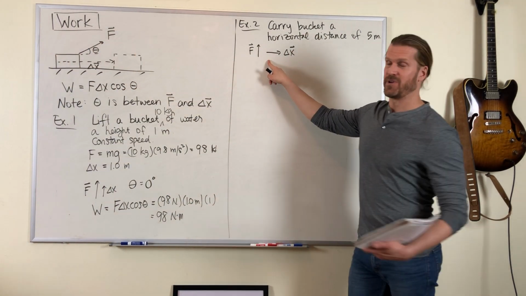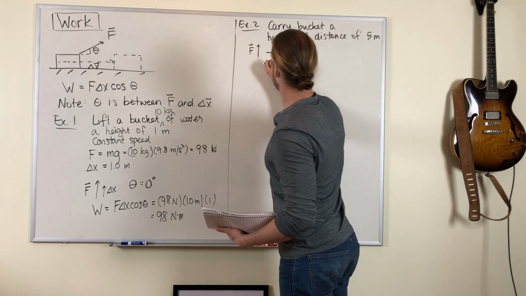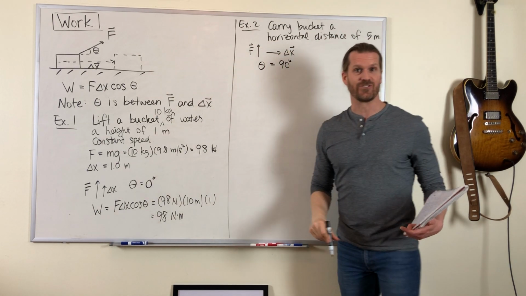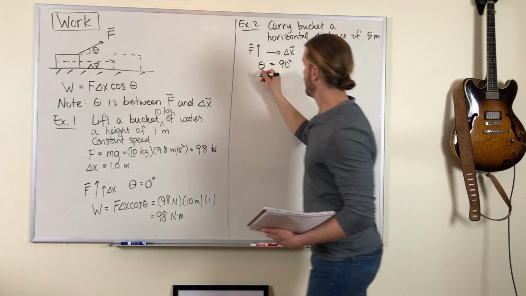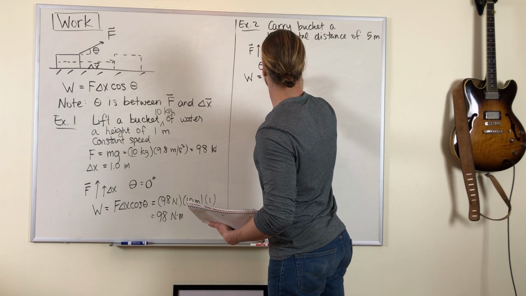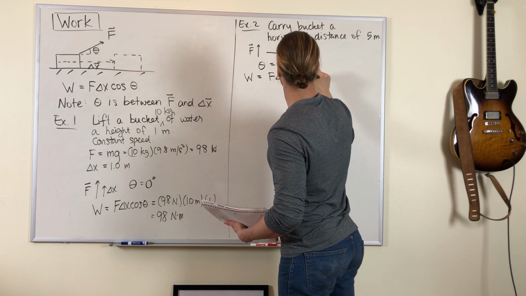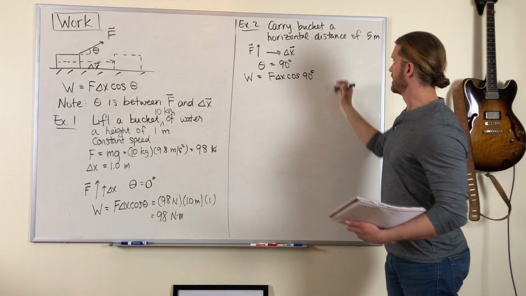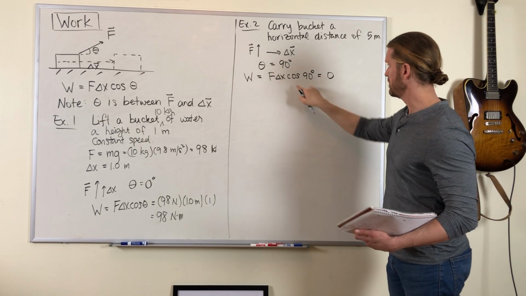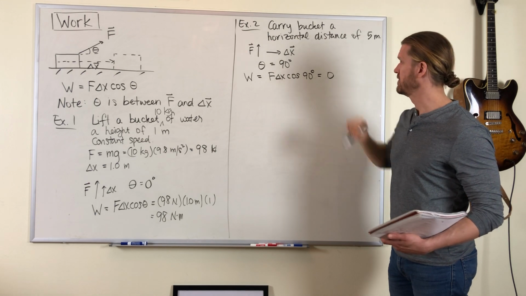And you can see from this picture that the angle in the problem this time would be 90 degrees. So that means that the work you do equals 0, because cosine of 90 is 0.